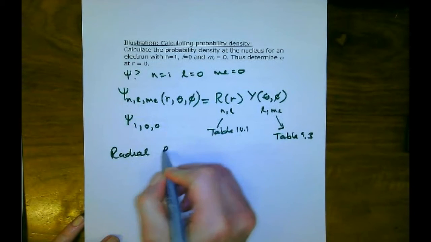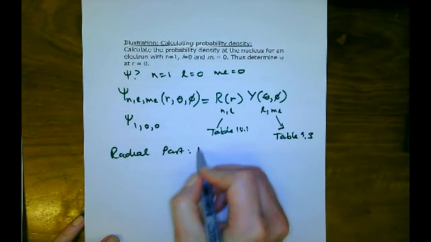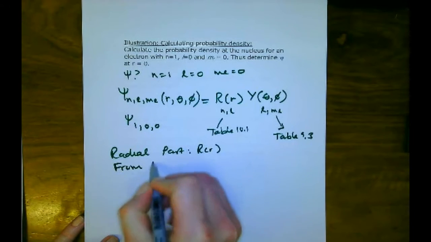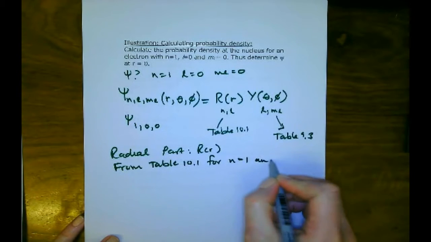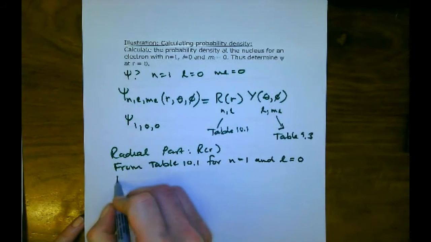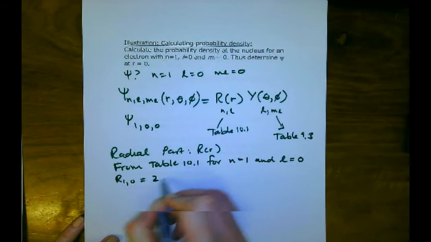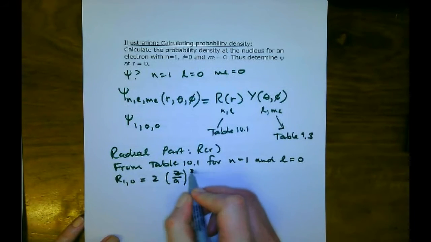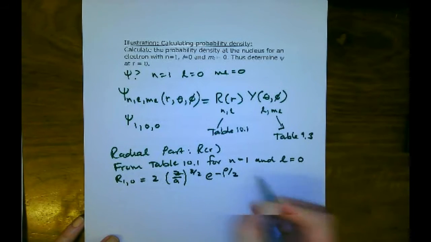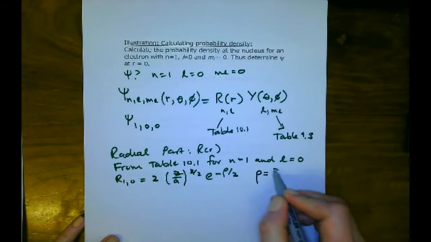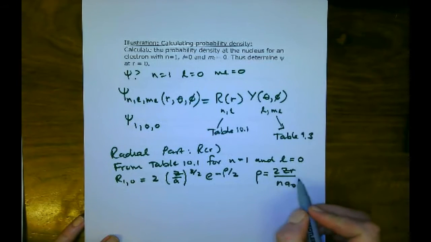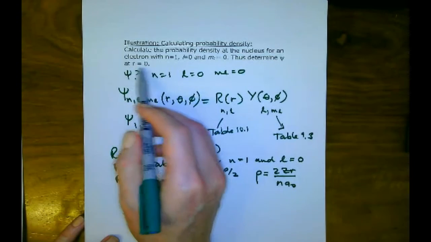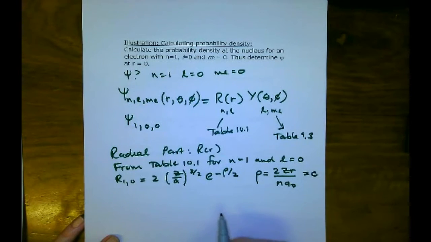So let's look at the radial part. So from table 10.1 for n equal to 1 and L equal to 0, in this case rho is equal to 2Zr over n a0, but if r is equal to 0, because remember we are working at r equal to 0, that just becomes 0.